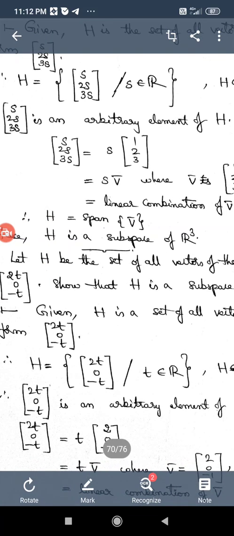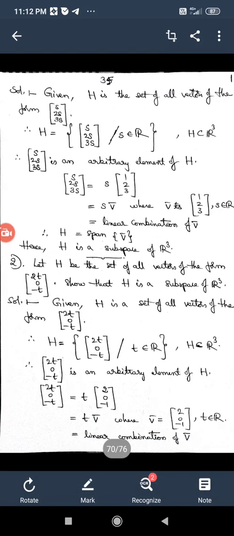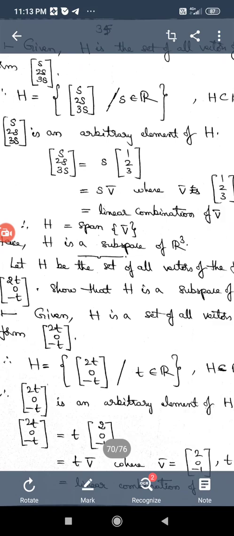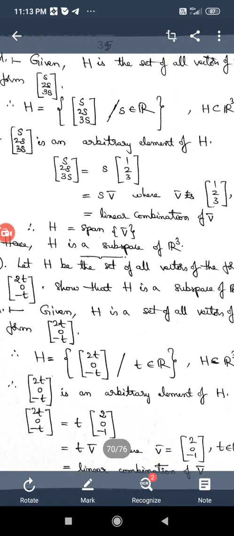Now any arbitrary element of H can be considered as of the form (2t, 0, -t), where t is a real number. Depending upon the value of t, that column vector gives us some element of H. So in general (2t, 0, -t) can be any element of H for some t belonging to R. Now taking t common, we get t times (2, 0, -1).